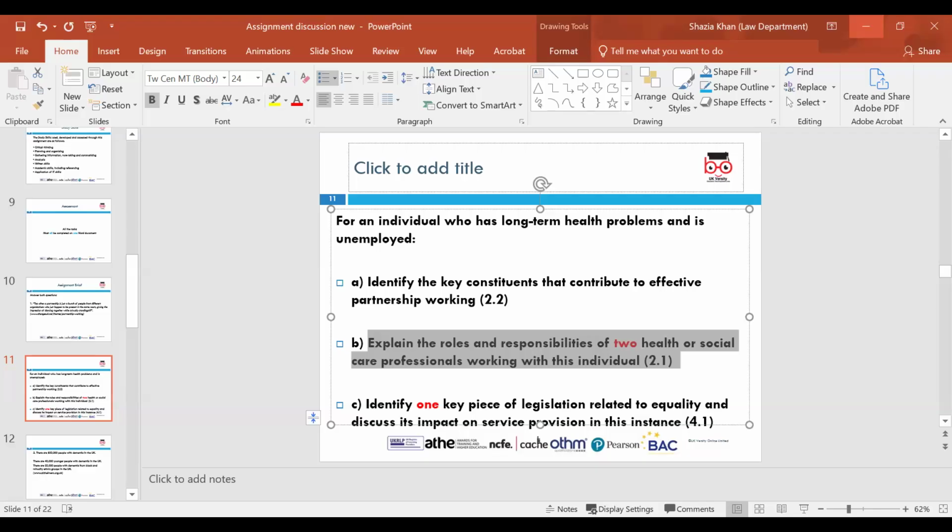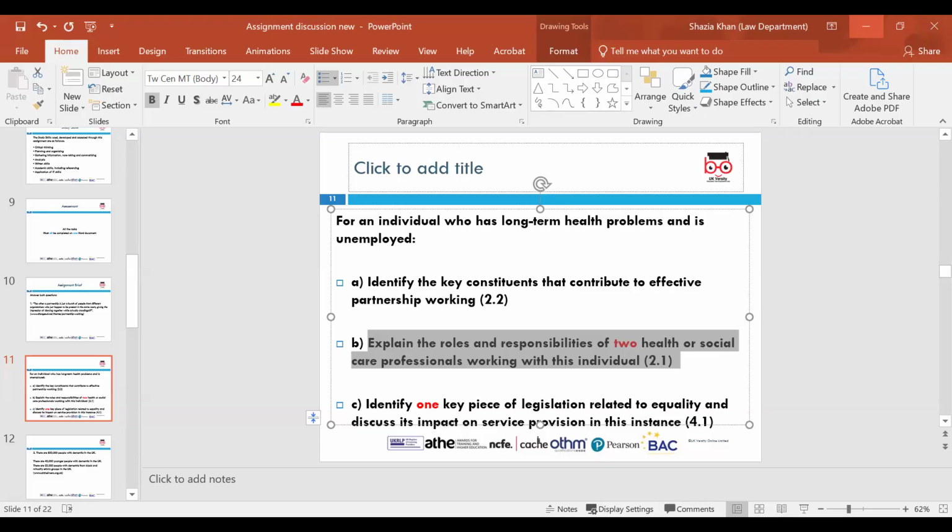Give me an example of who you would look at for this individual. Remember, this individual has a long-term health problem and is unemployed. Who would you recommend? There are different ones you can look at, and not everyone will look at the same.